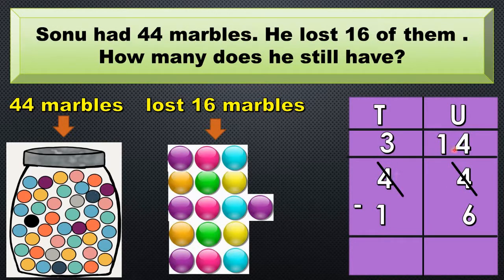So here 14 and here remaining 3 because 1 ten comes to the units place. So 14 subtract 6 is equal to 8. Now tens place. 3 subtract 1 is equal to 2. So how many does he still have? How many marbles remaining? 28 marbles.